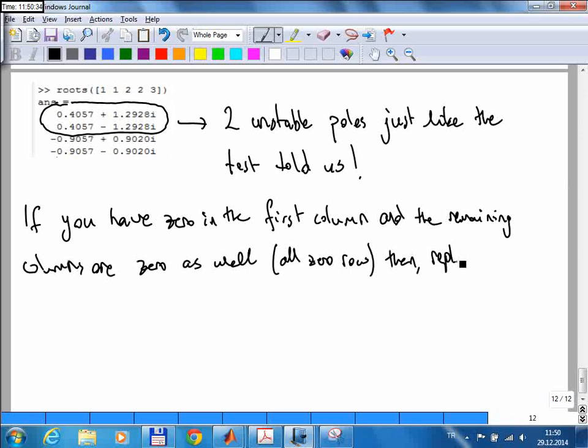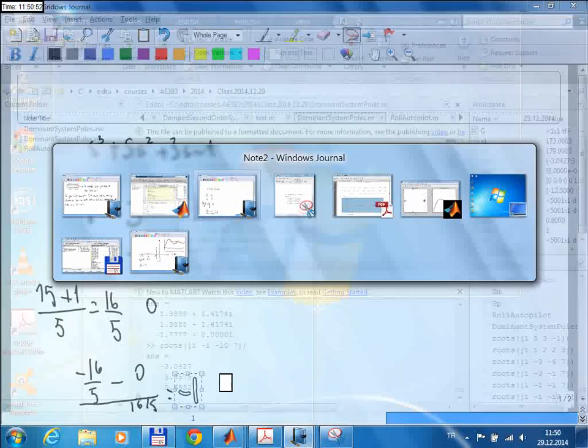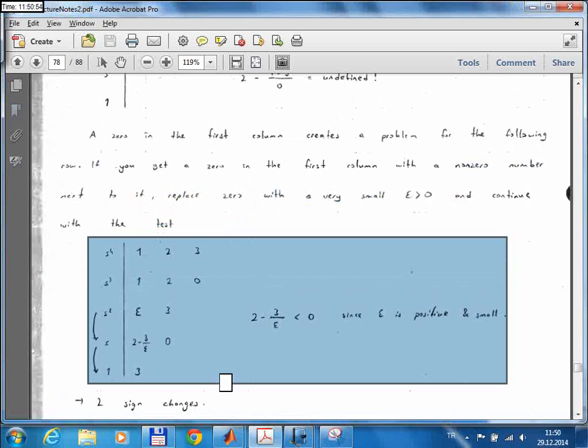Then replacing 0 with epsilon greater than 0 doesn't work for those cases. It does not work. In that case, you apply the second remedy, which is explained here.